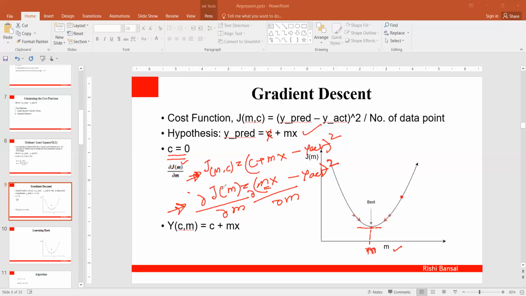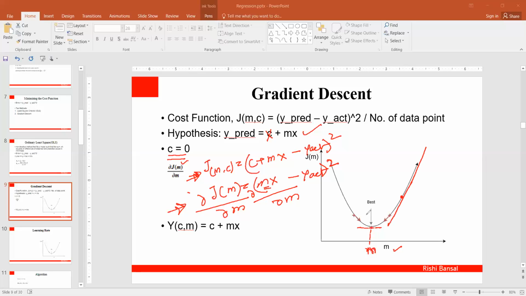If you have been given this equation and you differentiate it with respect to that variable, what that term means is nothing but the slope of the line.